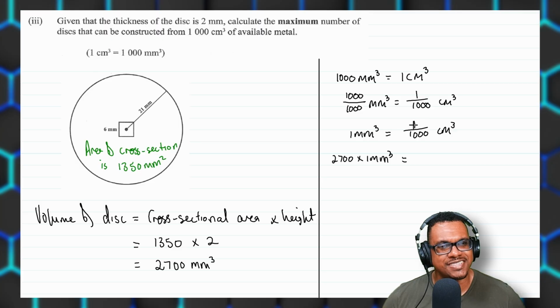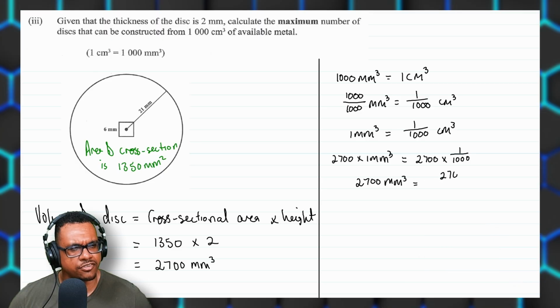And therefore, I must do the same thing on this side, multiply this by 2700 as well. So we'll have 2700 multiplied by 1 over 1000. Okay, so 2700 by 1 is just 2700 millimeters cube, which is equal to 2700 over 1000.